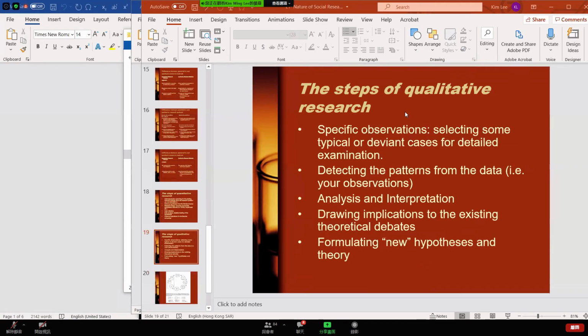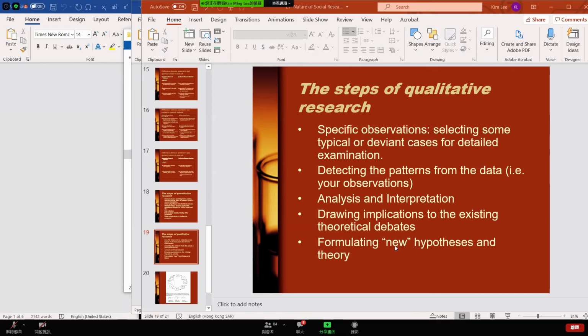For qualitative research, sometimes you have specific observations, selecting some typical or given cases, okay, and try to detect the patterns from the data. That means you contrast and compare to see whether any pattern appears. And then you interpret their answers if you do interviews, or interpret your observation if you do participant observation, and try to draw implication to existing theories and formulate new hypotheses.